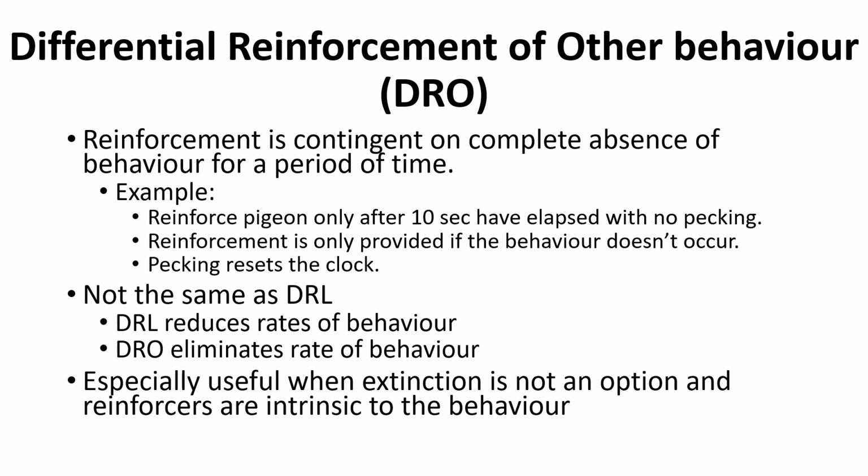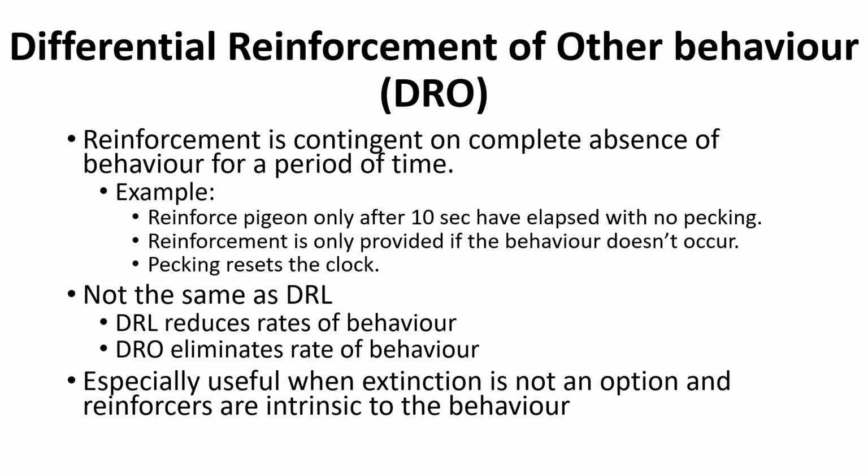Next, we're going to talk about differential reinforcement of other behavior, or DRO. Now, this name can be a little bit misleading because it seems to specify some other behavior, but what it's really saying is that our reinforcement is going to be contingent on a complete absence of our problem behavior for a period of time.